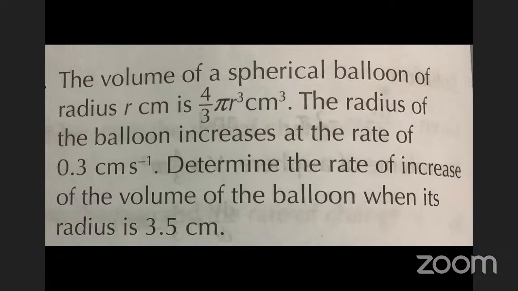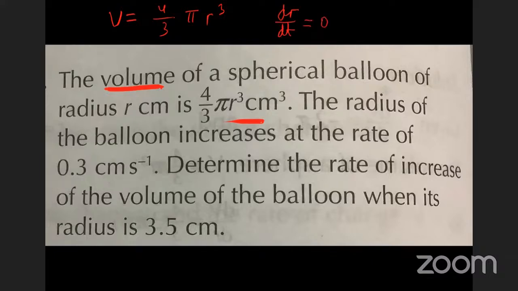All right, so let's see what you have. The question said the volume is this. So they gave you V is equal to 4/3 pi r cubed, right? The radius is increasing at a rate, so they gave you dr dt.